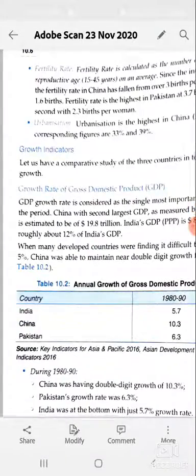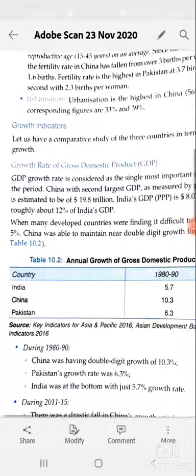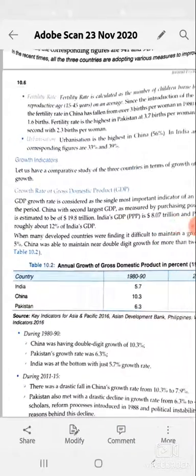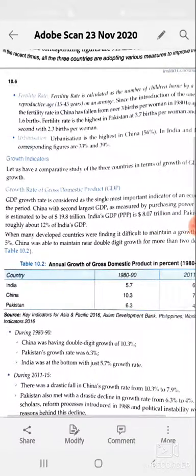Now, growth indicator. You will go to the next table, annual growth of GDP. Let us compare the annual growth of GDP, table 10.2. In 1980 to 90, in this decade, India got 5.7% growth of GDP per annum.